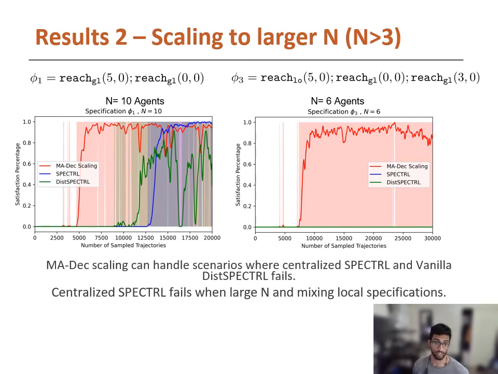So considering the same specifications as before, which are 5.1 and 5.3, by just changing the number of agents to 10 and 6 respectively, we see that the MA decomposable scaling is crucial to get a policy that satisfies the specification. And for 6 agents, when we introduce a local stage, even the centralized version as well as Spectral without scaling cannot find a policy that satisfies the spec. And so here we see that this scaling approach is useful in many cases.